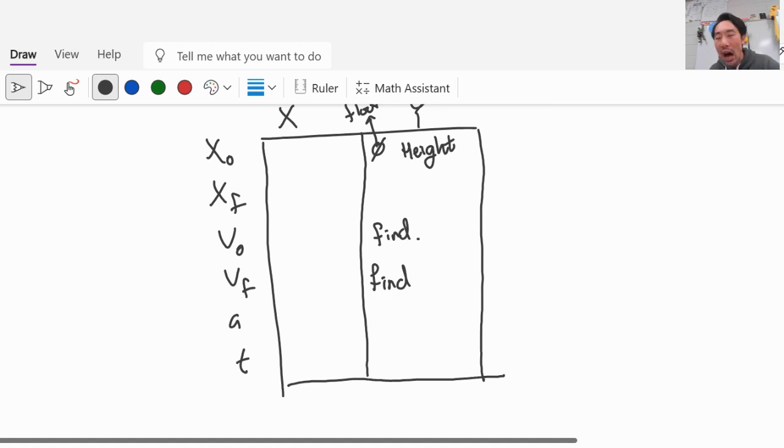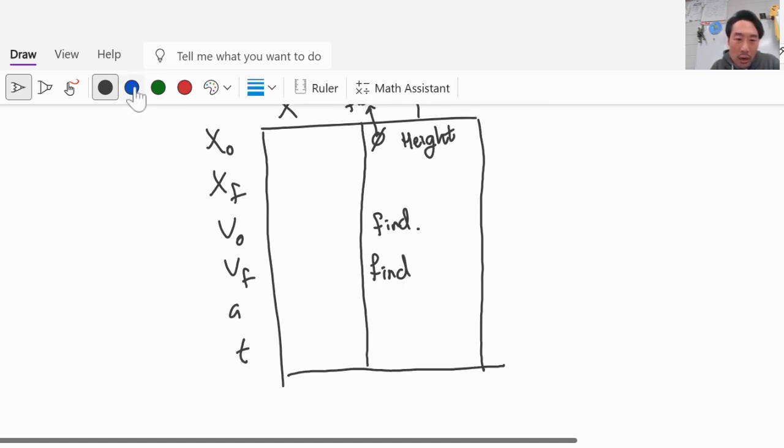Either that or they have to tell you the time to analyze. Right? So VOY and VFY are the ones that you have to find. And I'm going to do this in a different color because it's almost a constant. The acceleration for us will be G, aka negative 10 meters per second squared. All right? And the time is something that you're going to find based off the kinematic equations.